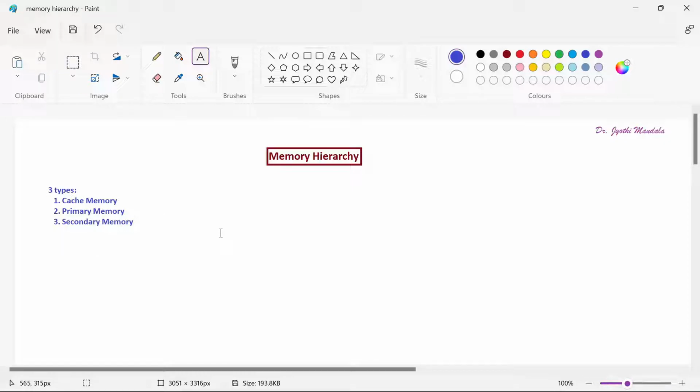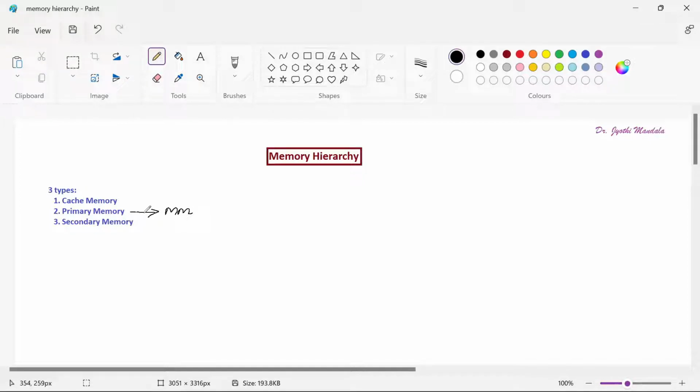First, let me start with the primary memory. Primary memory is nothing but it is also called as a main memory, where in this type of memory what happens is whenever a CPU executing any program, that data should be available in the primary memory. So this memory is also called as main memory. I am writing it as MM stands for main memory.